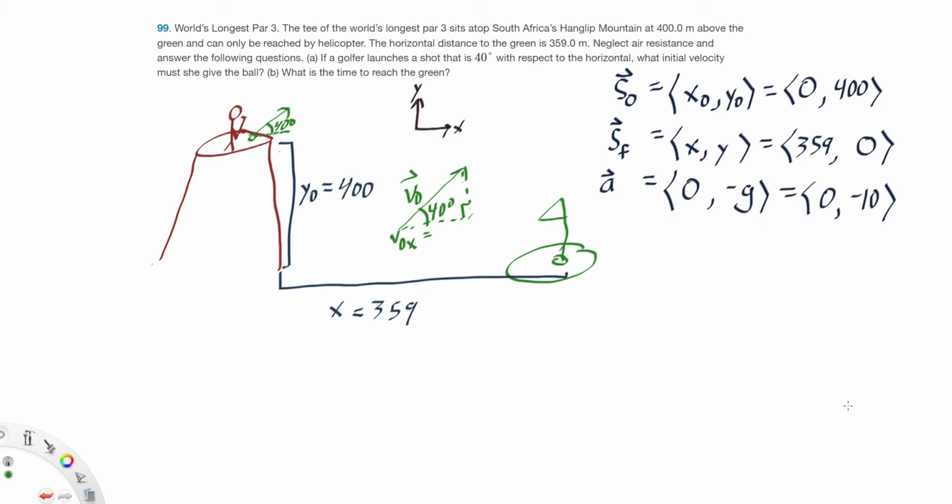So we don't know what V naught is, but whatever it is, the x part is going to be V naught cosine 40, and the y part of our initial velocity will be V naught sine 40.